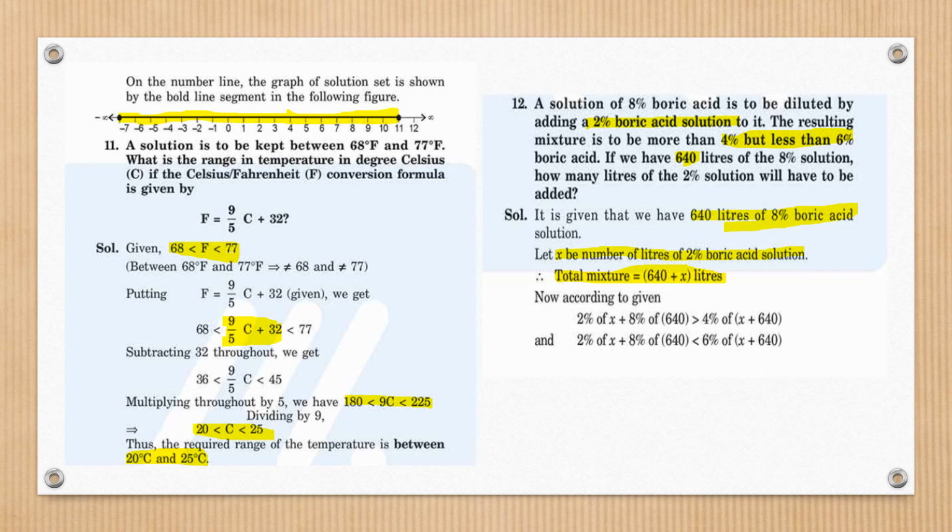Now what should be the condition? 2% of x, I am adding to 8% of 640, so that the resulting mixture is greater than 4% of the mixture which we will get by adding x and 640. So 4% of x plus 640. And similarly 2% of x plus 8% of 640 should be less than 6% of x plus 640.